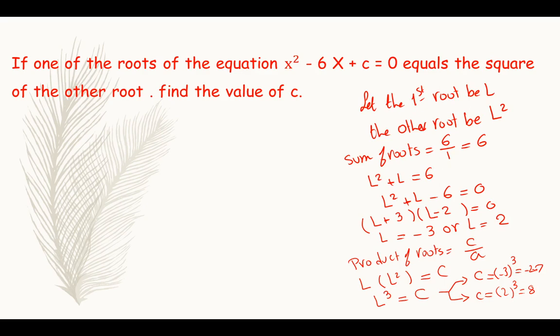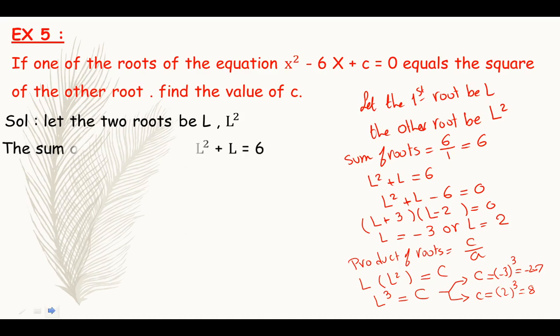Okay, this is one of the important examples. Let's solve it again by using the PowerPoint. Let the two roots be L and L power of 2. The sum of the two roots, negative b over a, equals 6, so L power 2 plus L equals 6. 6 will go to the other side: L power 2 plus L minus 6 equals 0.